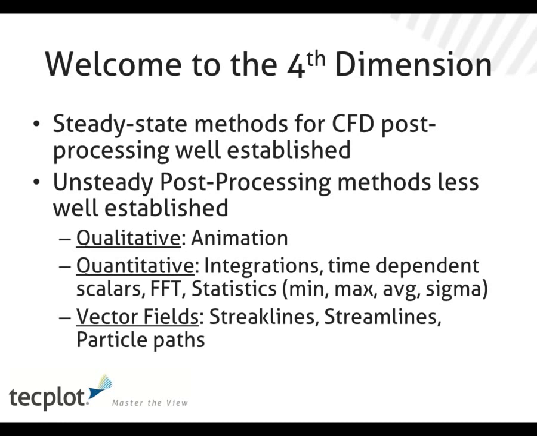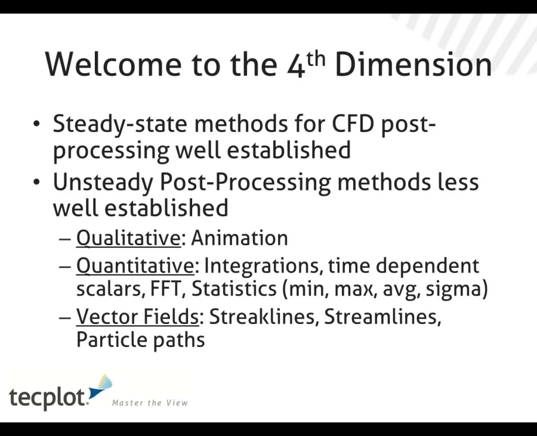That's right. For the qualitative, typically we use animations. It's something that we deal with on a daily basis, watching TV or whatever. We understand watching things vary through time. But quantitatively, you have to start looking at other things: dimensionality reduction through integrations or time-dependent scalars, looking at specific values in the domain, Fourier transforms, looking in the frequency domain.